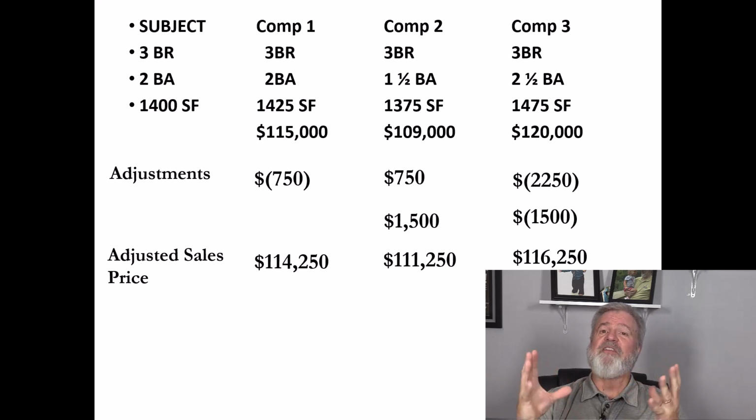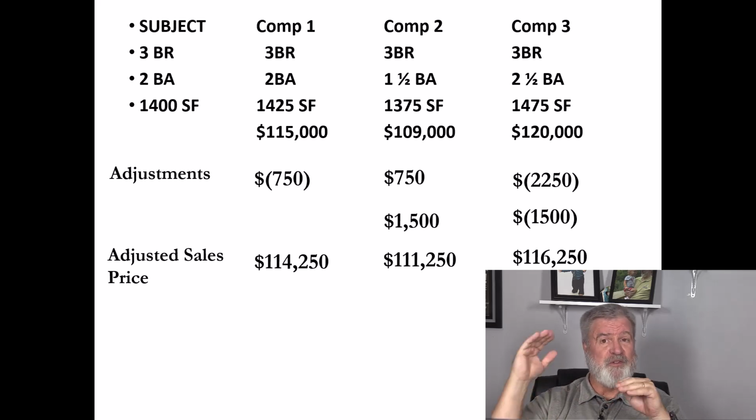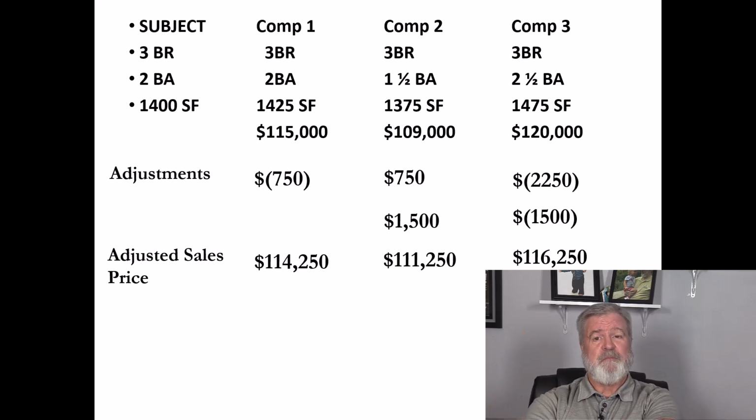Y'all, there's just a lot of things to consider when you're trying to figure out what we need to list it for. But whatever you agree on, it should be in the range that we just looked at here. If you start agreeing to list it over the high part of the range, it's not going to sell. You've overpriced it. Not going to happen more times than not anyway.